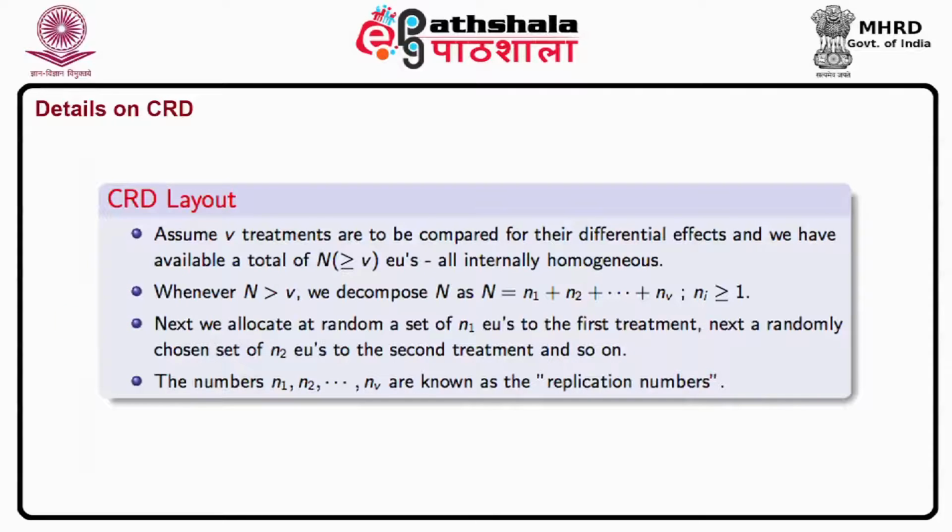Next, we allocate at random a set of n1 experimental units to the first treatment. Next, a randomly chosen set of n2 experimental units to the second treatment and so on. The numbers n1, n2, ..., nv are known as the replication numbers.